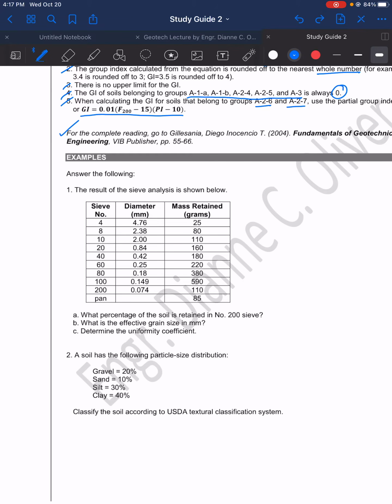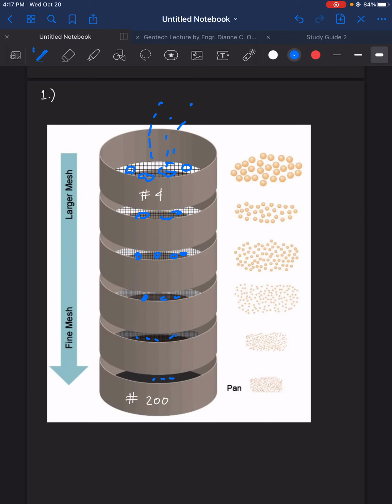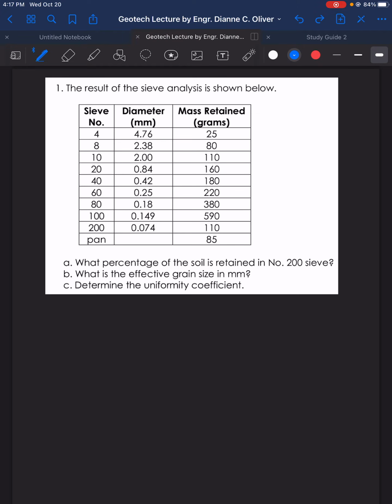In sieve number 4, if we take out sieve number 4, it contains 25 grams of soil. If we take out sieve number 40, it has 180 grams of soil, and so on and so forth. Okay? So, how do we solve now this question?